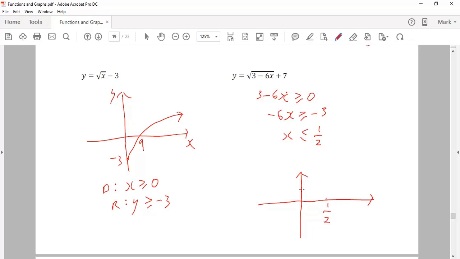But now the plus 7 shifts everything up 7. So it'll be like that. So we want to find the y-intercept. Let x equal 0, so we get 7 plus root 3. That'll be the y-intercept.